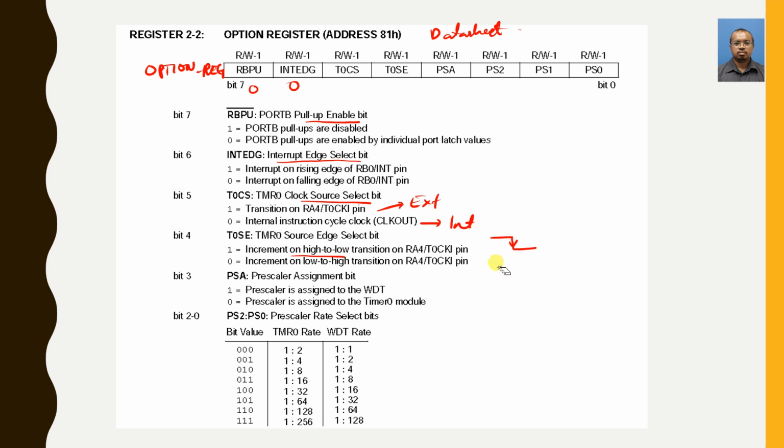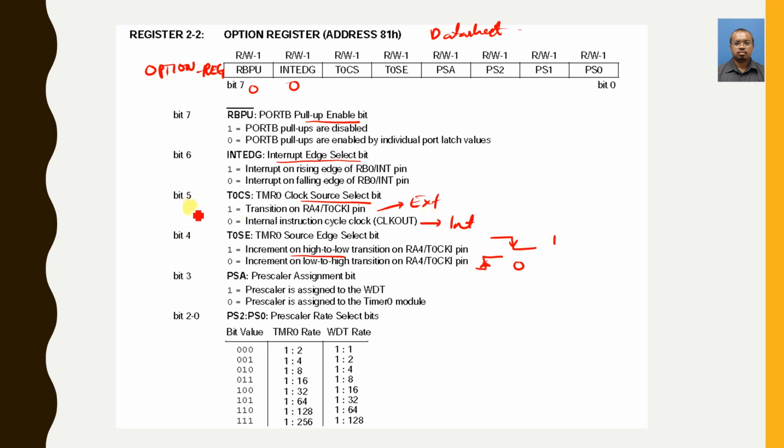So if you choose 0, it will trigger during the low to high transition. If you choose 1, it will trigger from high to low transition.